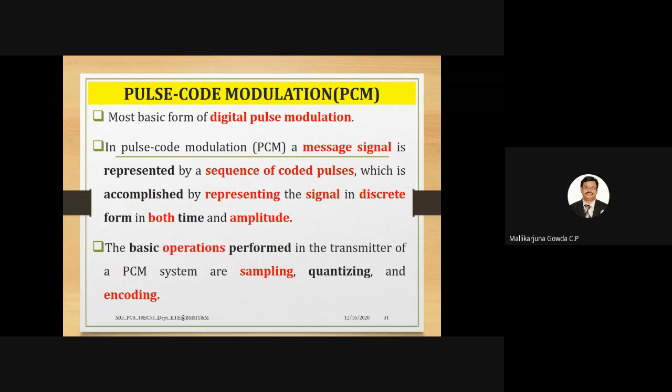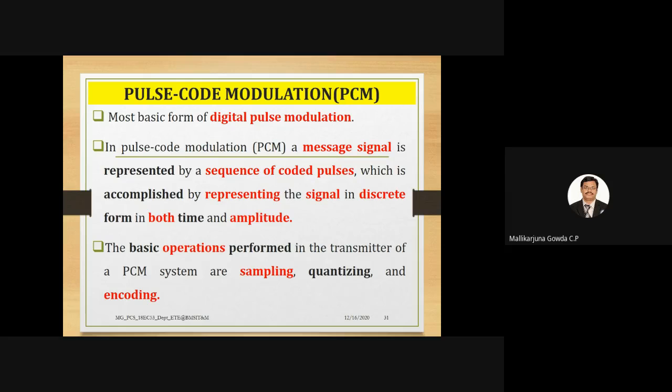Time and amplitude means what? I need to do sampling, then I can make the signal discrete in time. Then if I do the quantization, I discretize the amplitude. So that is the quantization process.